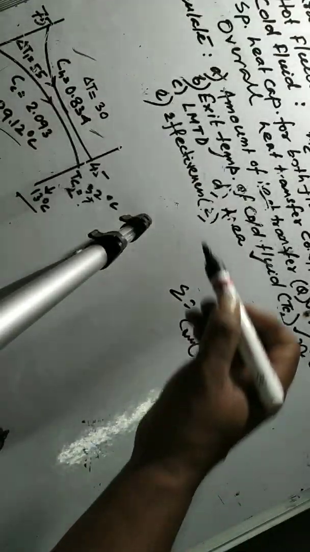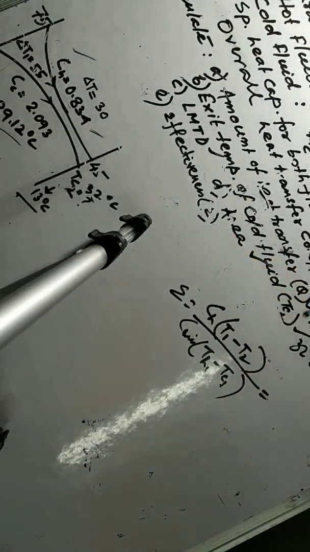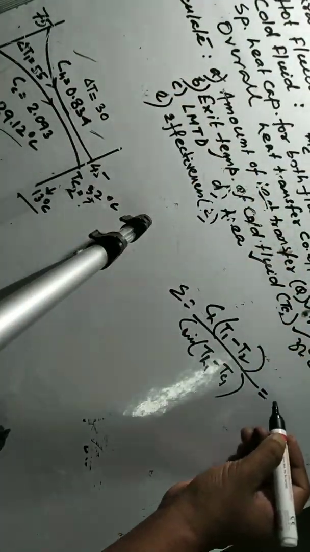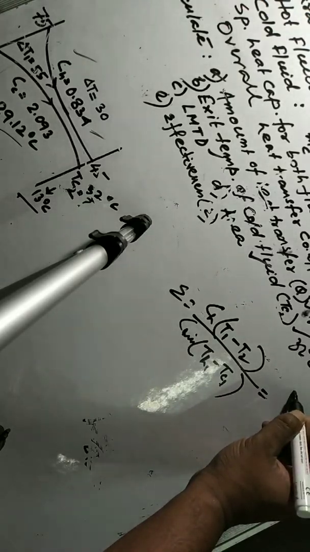C is the heat capacity of hot fluid, that is mass flow into specific heat capacity.